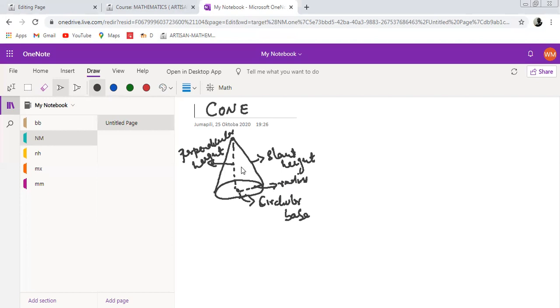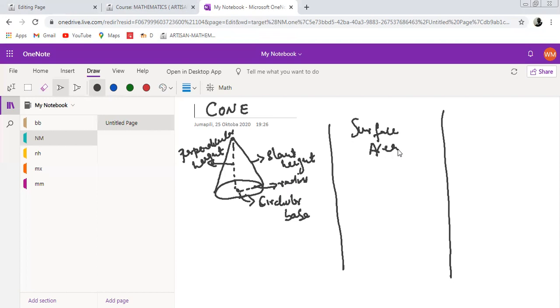So a shape that has this kind of scenario is what we normally refer to as a cone. As far as a cone is concerned, we are going to be interested in two things: how we calculate the surface area and how we calculate the volume of a cone.